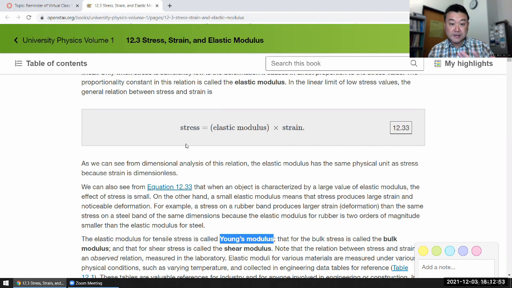Like your spring, you could actually describe a spring with a Young's modulus, except by convention we use Young's modulus to describe material properties, and springs are made up of a coil, and how much it stretches is not a material property, that's an object property. But Young's modulus is the same idea except at a material level. So you apply some stress, and then there's a restoring force that's like a Hooke's law force. It pulls it back, and the amount of stress that's needed to stretch it is proportional to the strain.